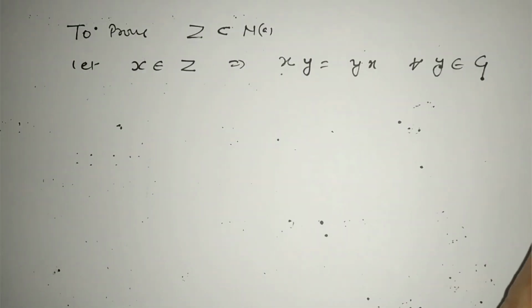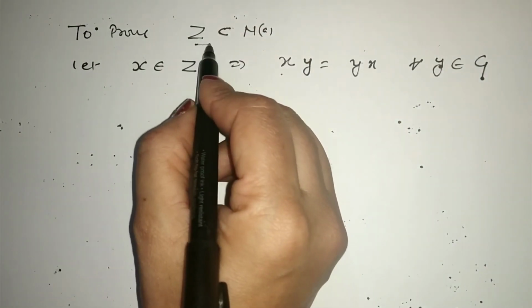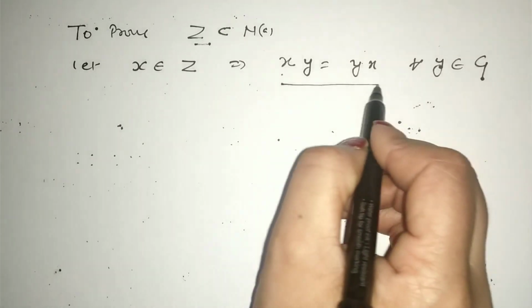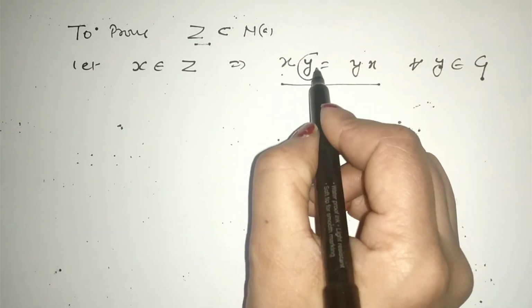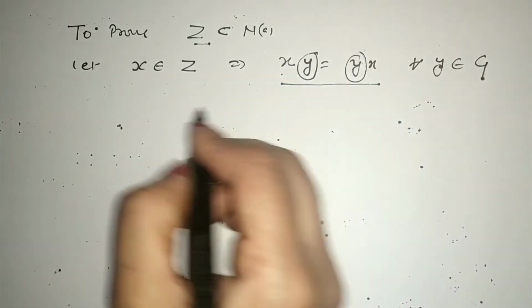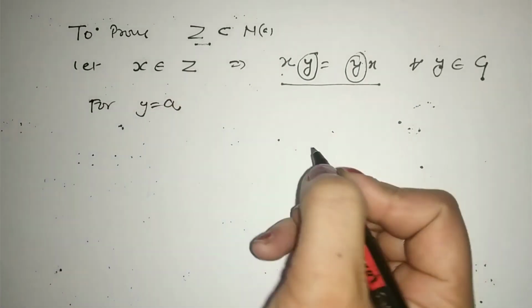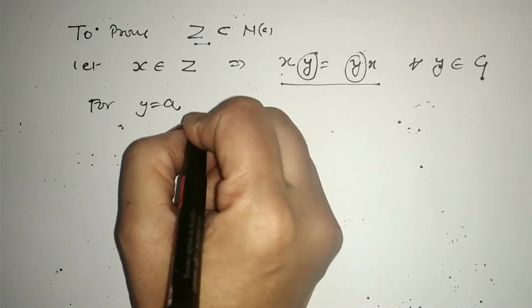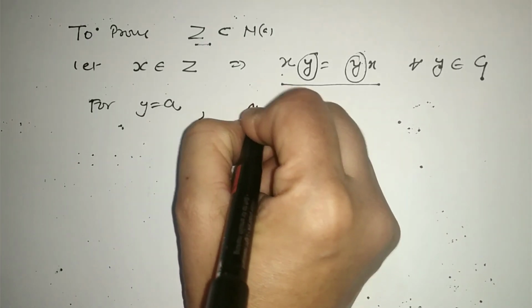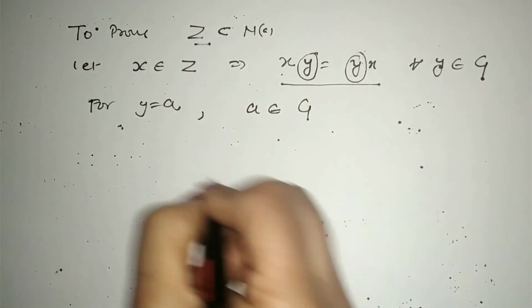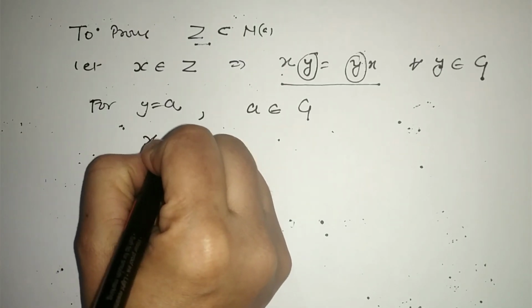It will commute with every element of G, the elements of center. So if it is commuting with each element of G, then it must be commuting with A also, for Y equal to A, or you can say A is also a member of G, so X will commute with A as well.